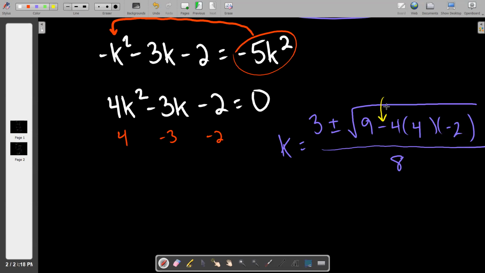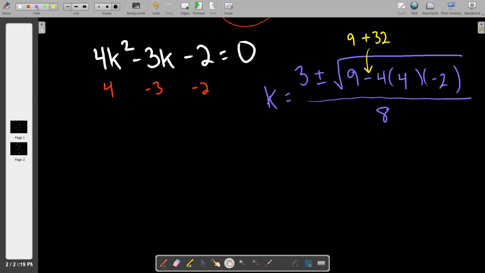A plus. Good. So inside the square root sign, I have to do 9 plus 32, right? 4 times 4 is 16 times 2 is 32. And what's 9 plus 32? So 3 plus or minus the square root of 41 over 8.